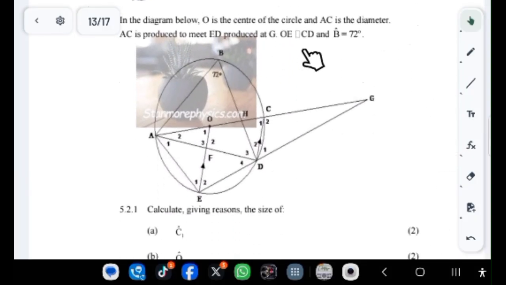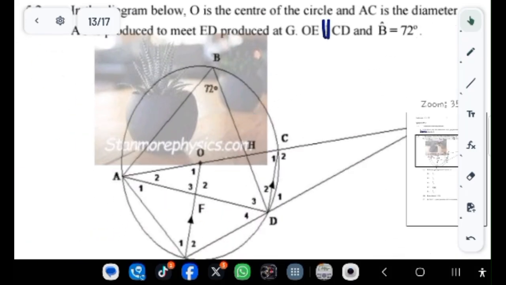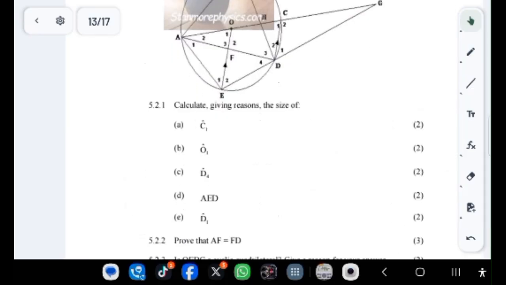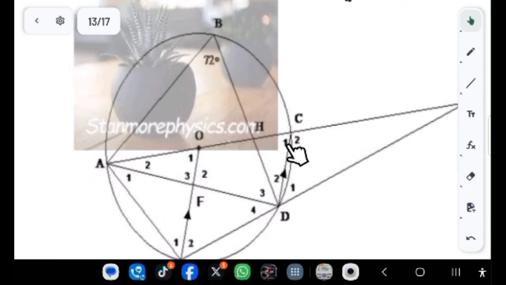OE is parallel to CD, and angle B is equal to 72 degrees. Calculate, giving reasons, the size of angle C1.